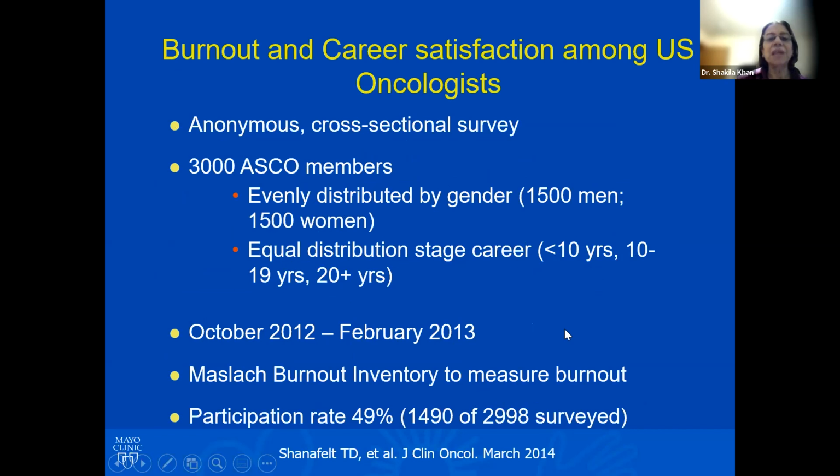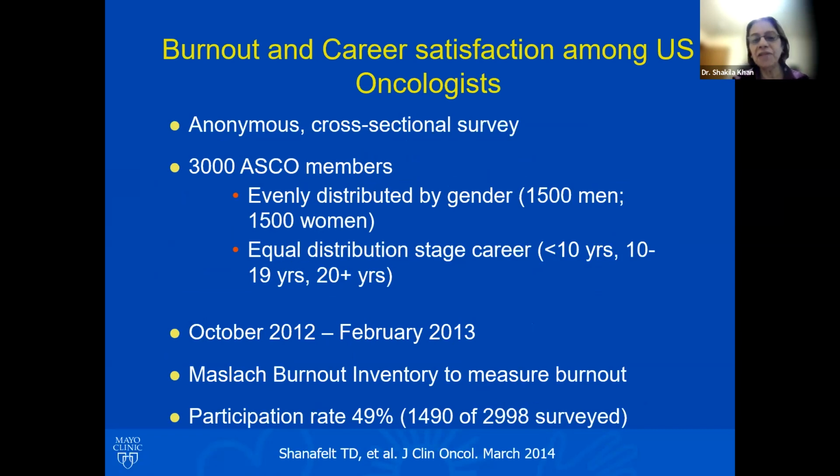So anyway, Tait Shanafelt, actually, he was at Mayo Clinic and he started this, and now he's gone to Stanford and is heading the department there. He did a cross-sectional survey. He was an oncologist here.